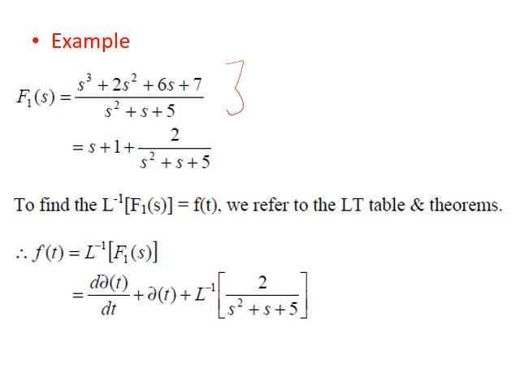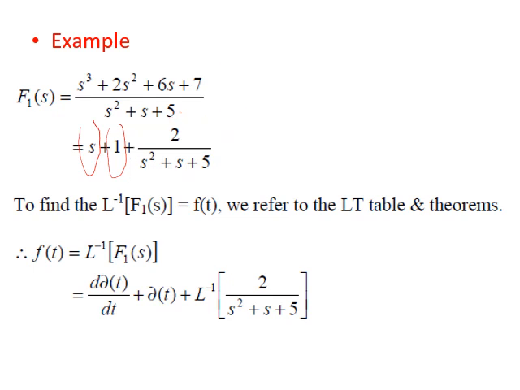So by dividing, we are going to end up with this function equal to s plus 1 plus this function. When you look at s and 1, we can find them in the table directly, but this function we need to apply partial fraction expansion to.